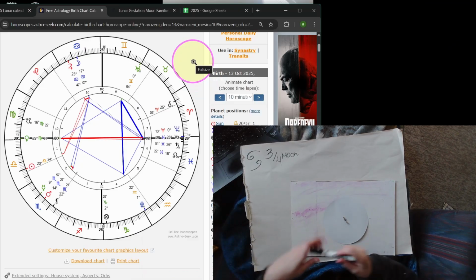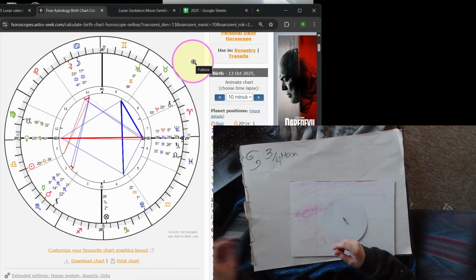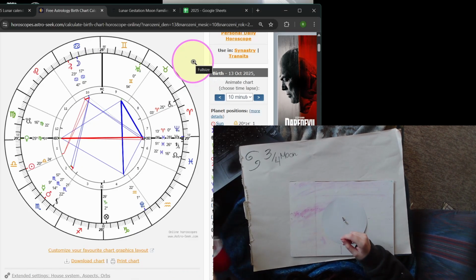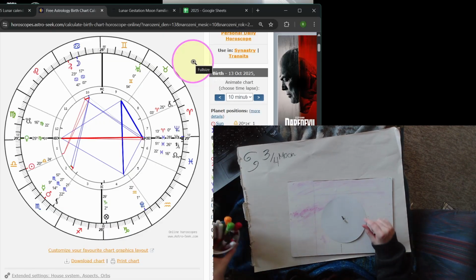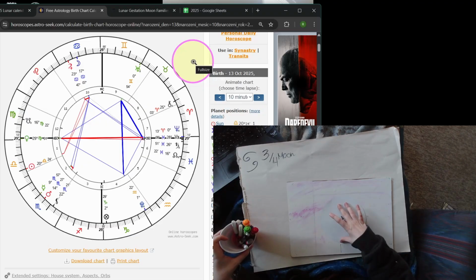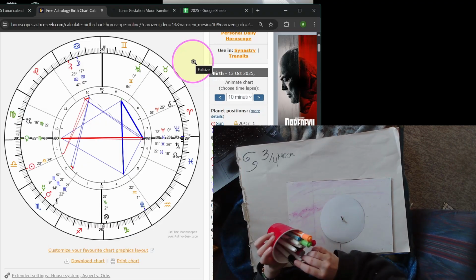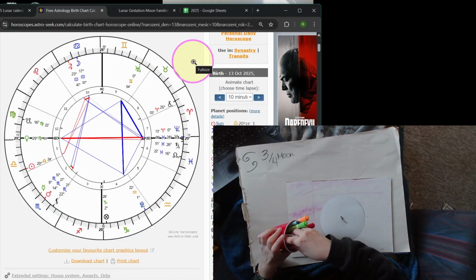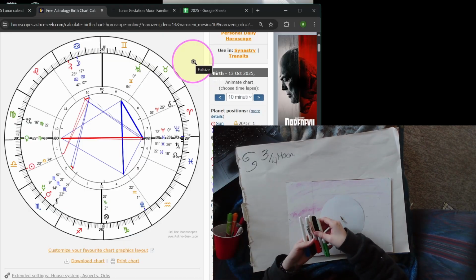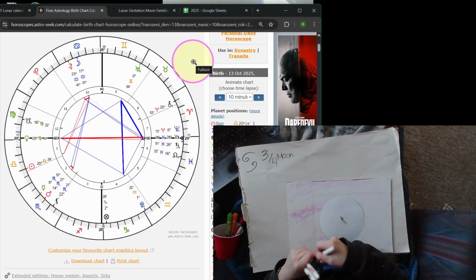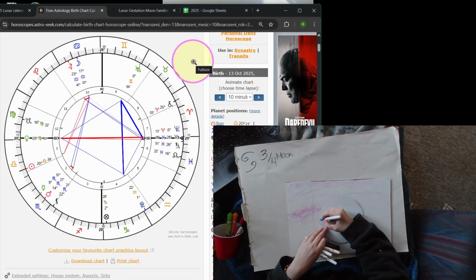Okay, you may see backgrounds of my cats come through behind us, but I am just going to copy the chart of the full moon down, and then we'll be able to rotate it around. Or the quarter moon, and then we'll get into it.